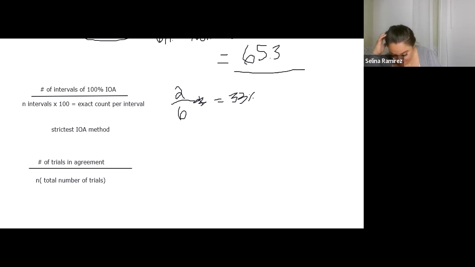The total count IOA for the session is 93. So one person did 14 and one person did 15. So we're going to take our smaller over our larger, right? One observer said, I saw 14 smiles. The other said, I saw 15 smiles. And so if we're getting a total count for them, it's going to give us 93.3%.